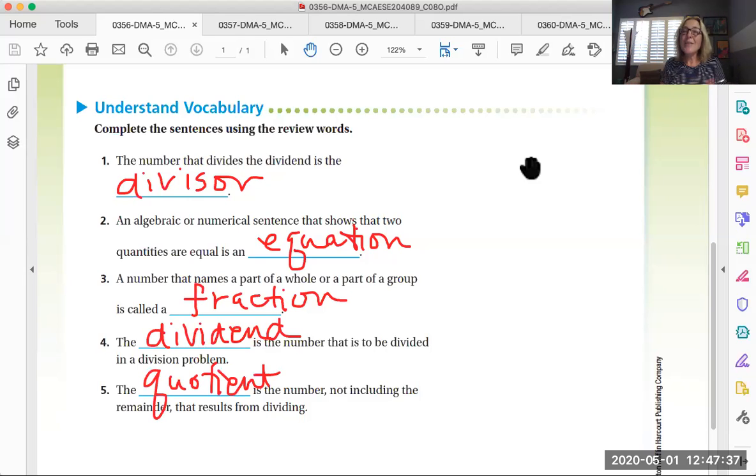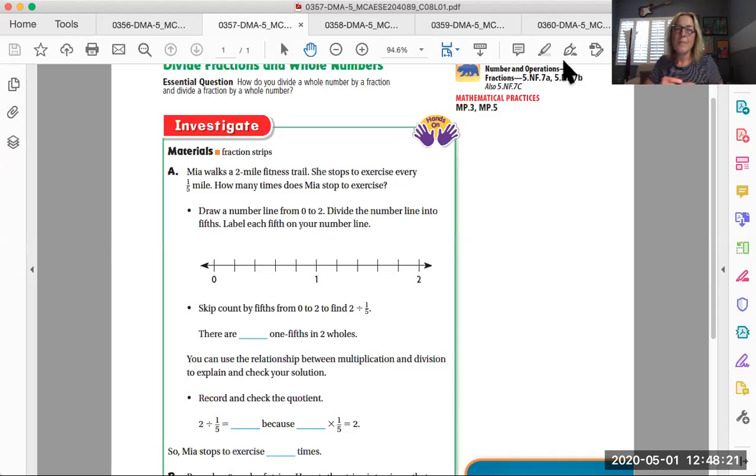As we go forward, these are words that you should be using when you're talking about what we're working on. Now if you could flip to the next page, 357, we're going to use a number line to help us understand this problem. It says that Mia walks a 2-mile fitness trail. She stops to exercise every 1/5 of a mile. How many times does she stop?